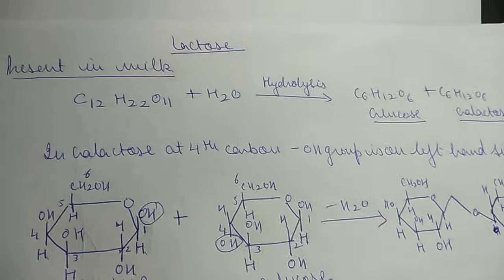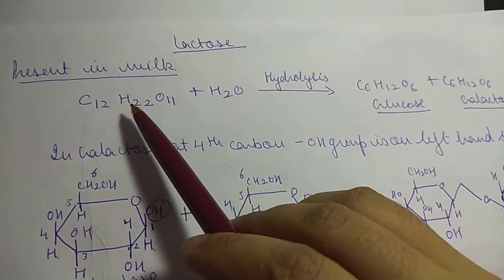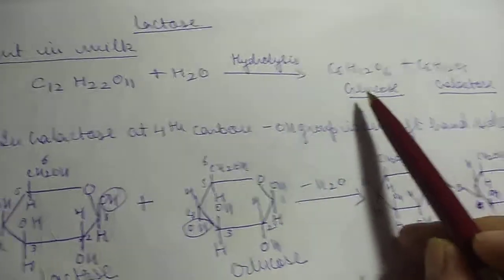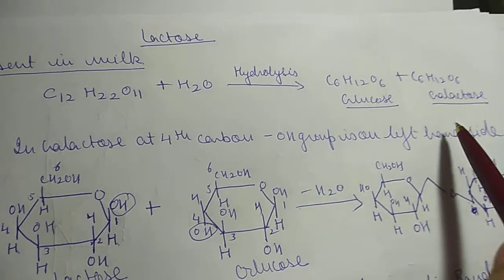So in the Haworth projection, before doing that, lactose is present in milk, and on hydrolysis it gives us a unit of glucose and galactose.